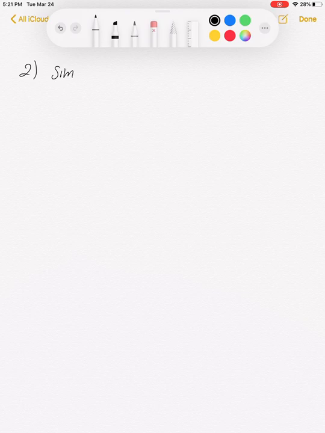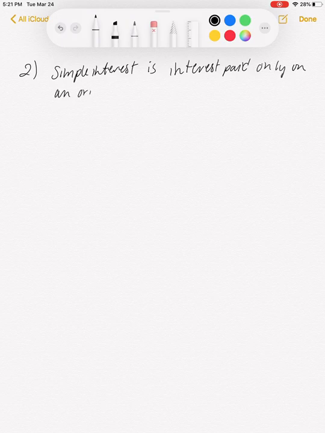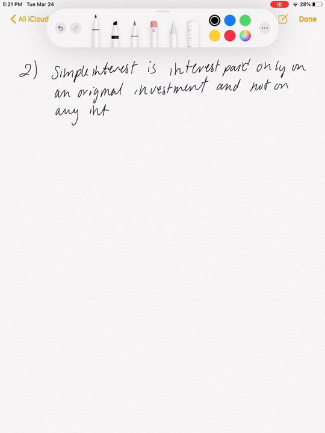Simple interest happens when interest is paid only on the original investment, and not on any interest paid later, at later dates.